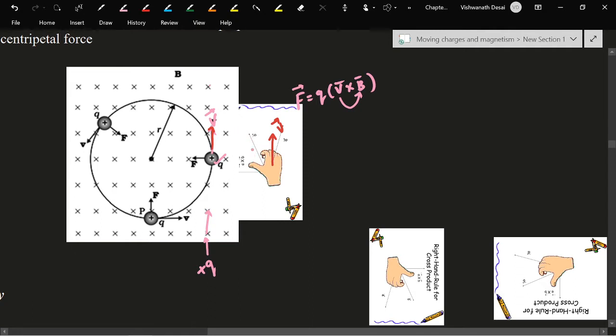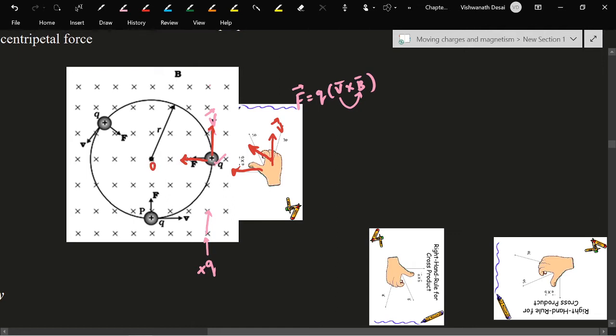B is inward, into the plane of the paper where I'm writing it. So if you curl it, the thumb points in this direction, right? So when the charge is moving in this direction, it experiences this force. The direction is towards the center, towards the point O.